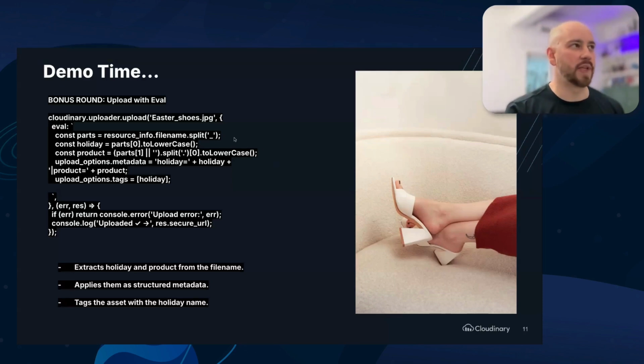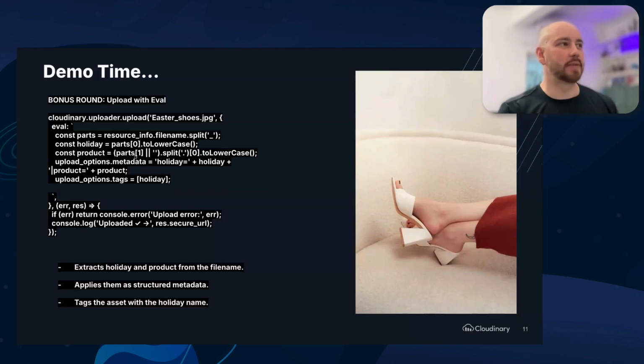But the long and the short of it, and what this is doing, is on upload. Instead of making different API calls to update the structured metadata or have workflows already set in, I'm literally just using code on upload where I'm taking the file name, right?